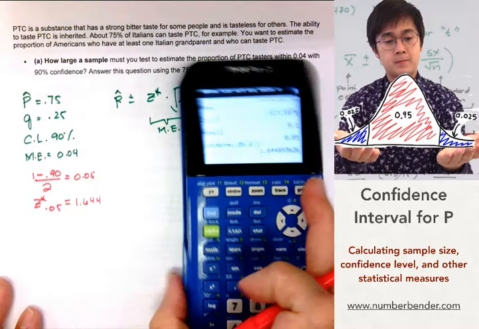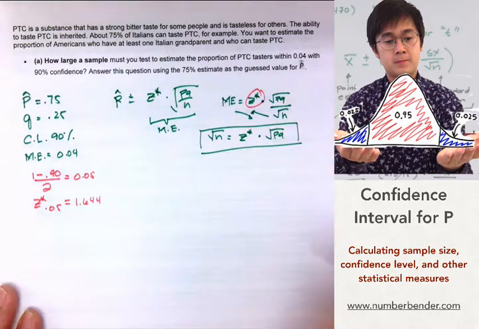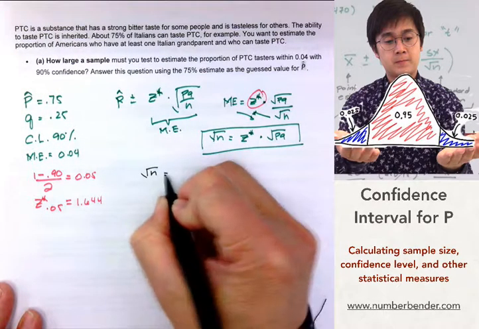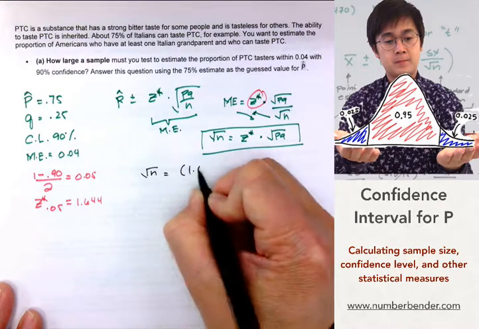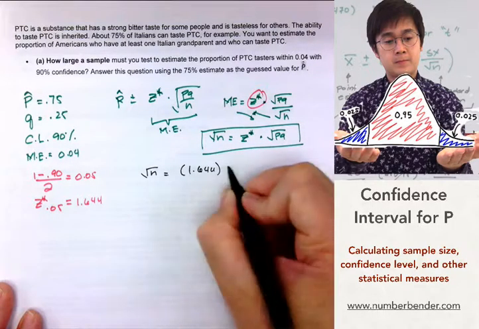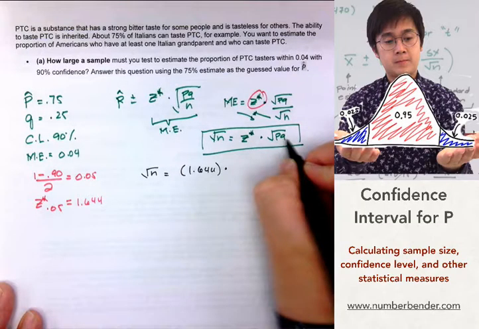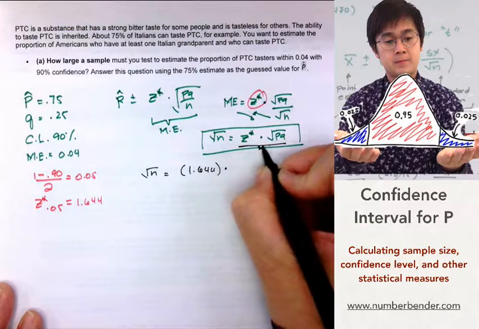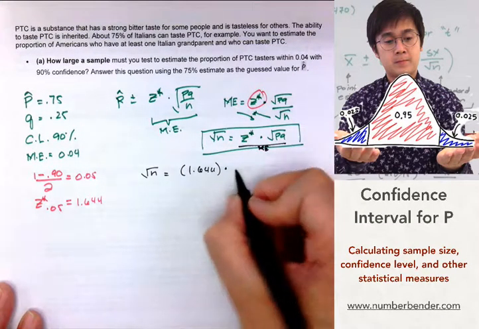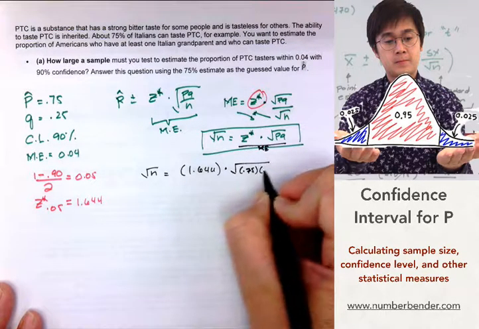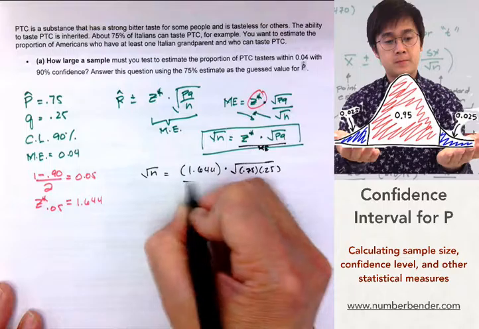So, to use the formula, square root of N is equal to 1.644 multiplied by the square root of 0.75, 0.25, all over the margin of error, because of cross multiplication.